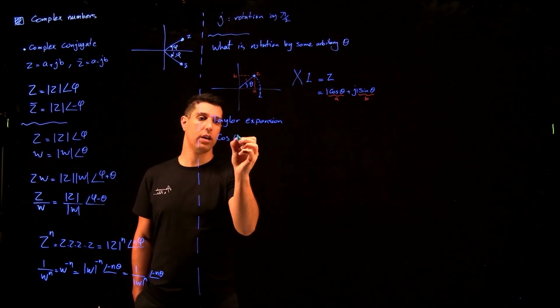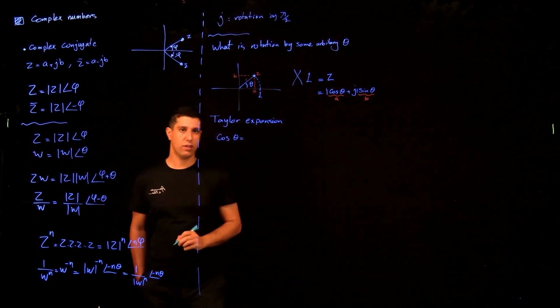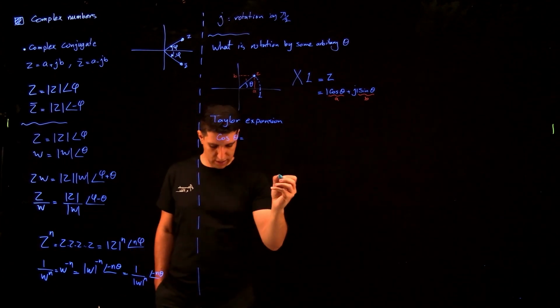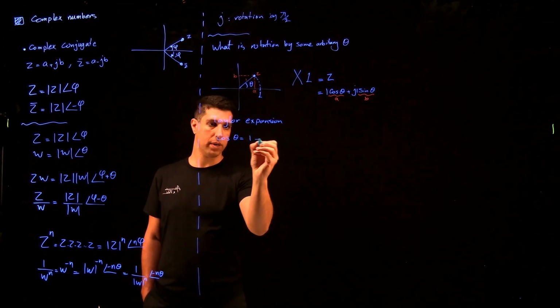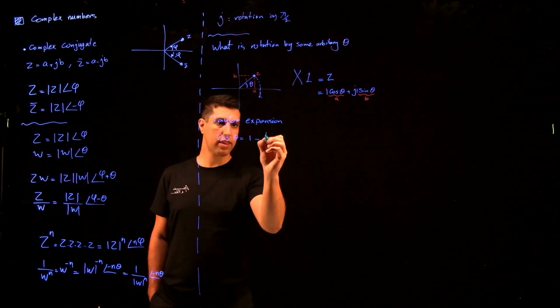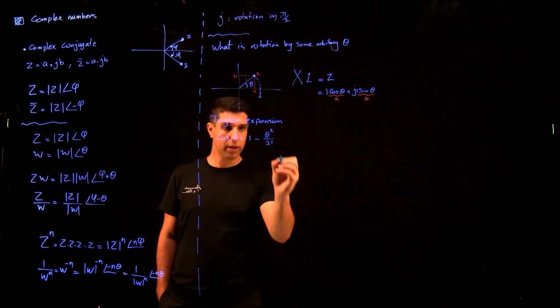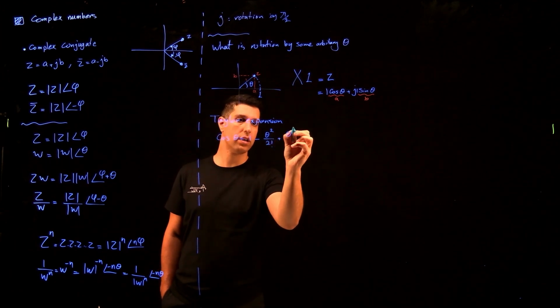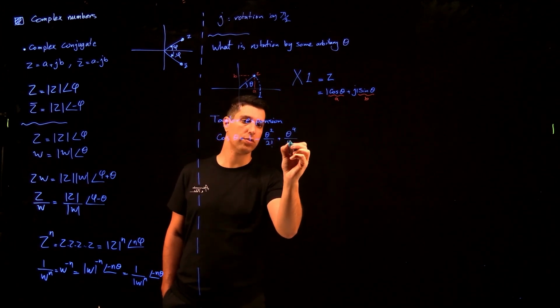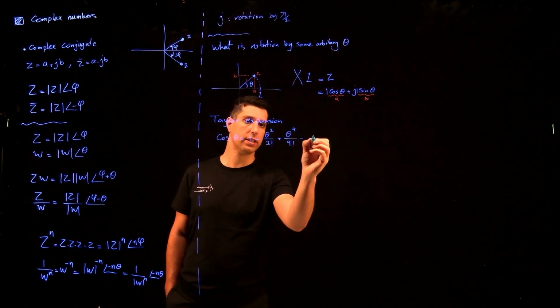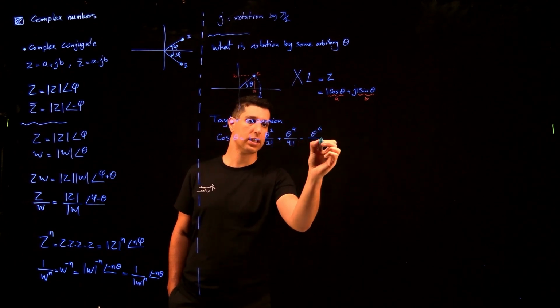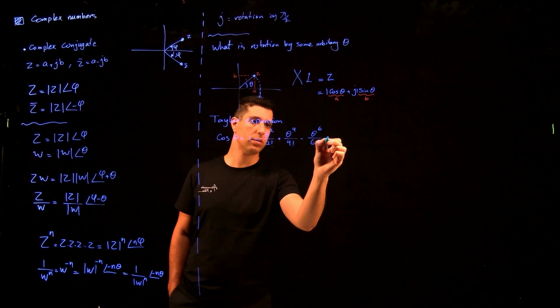Cosine of theta, if you remember, is 1 minus theta squared over 2 factorial plus theta to the power 4 over 4 factorial minus theta 6 over 6 factorial plus dot dot dot.